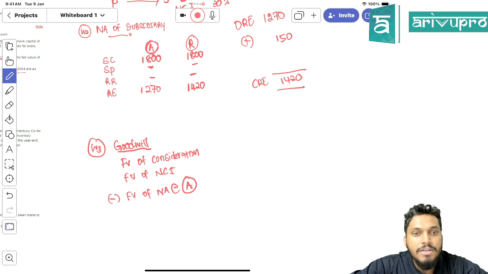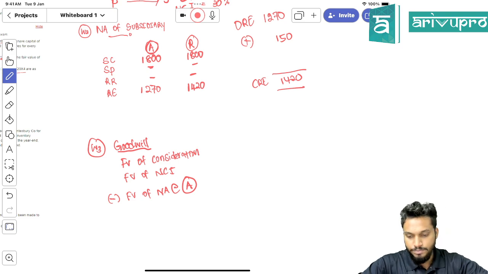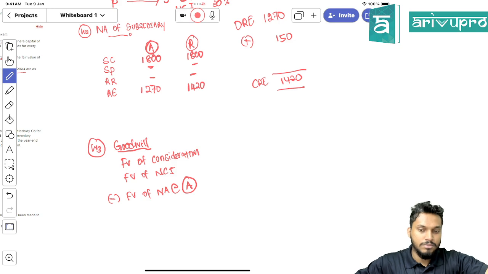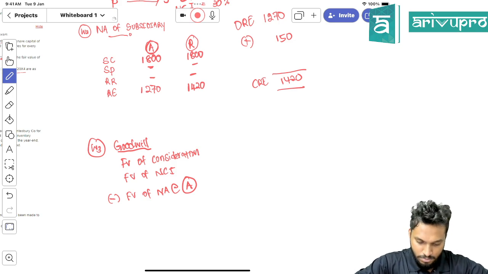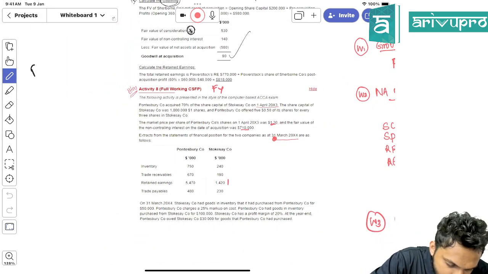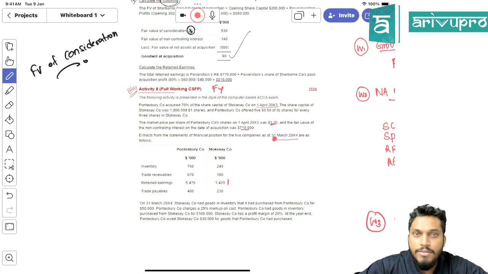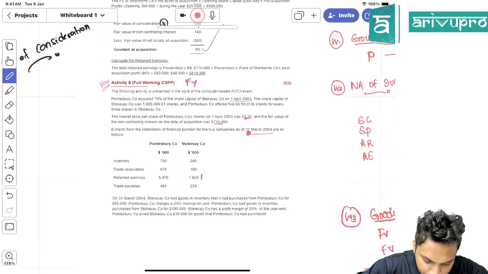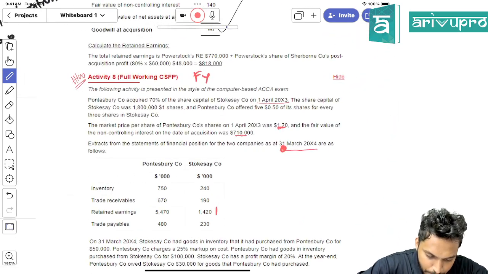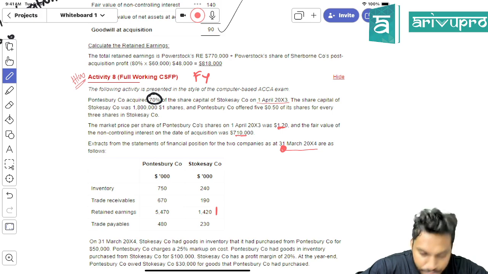So now you need to find the fair value of consideration. Have they given the fair value of consideration? No. So in order to find it, they are telling that P company acquired 70% of S company on 1st of April 2013.